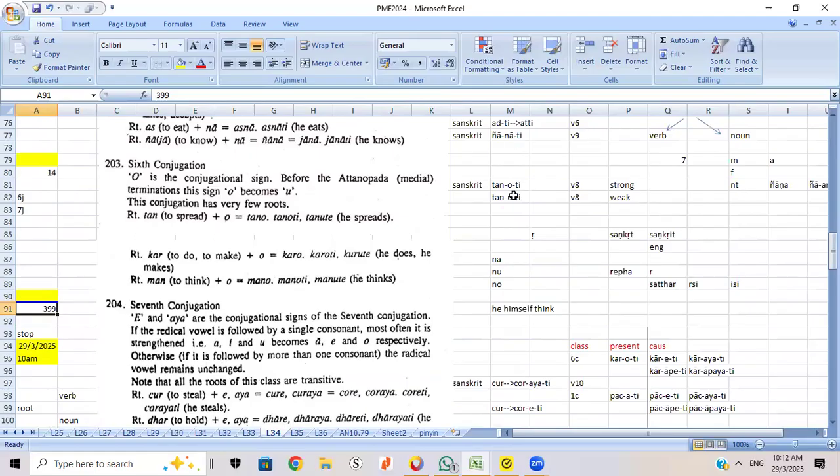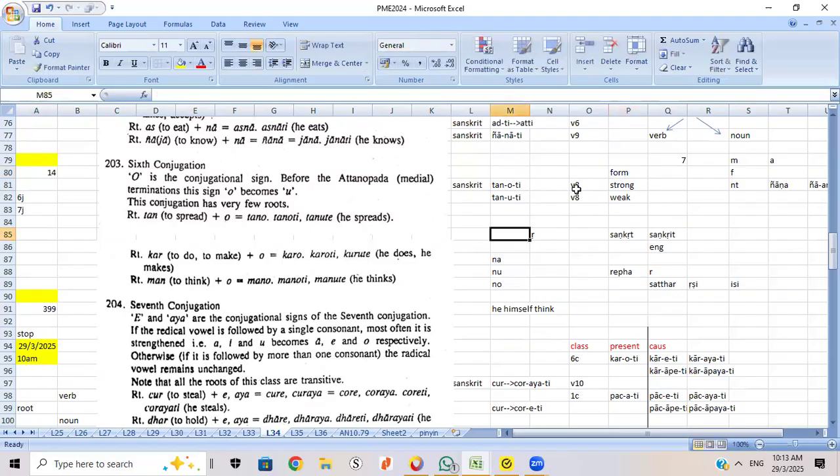In Sanskrit, you can put an O and you can put a U. When you put an O there, the verb form is classified as strong. If it ends with a U, it is classified as a weak form. The form of the verb is strong and weak.